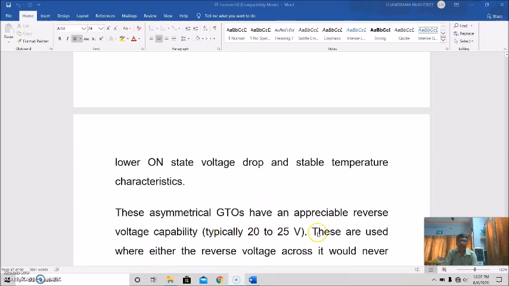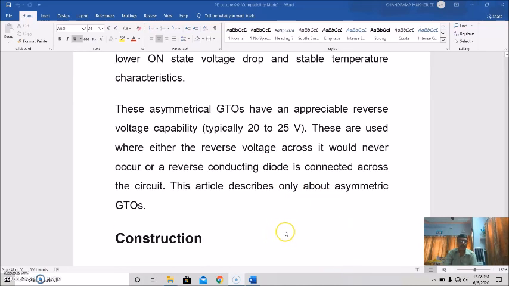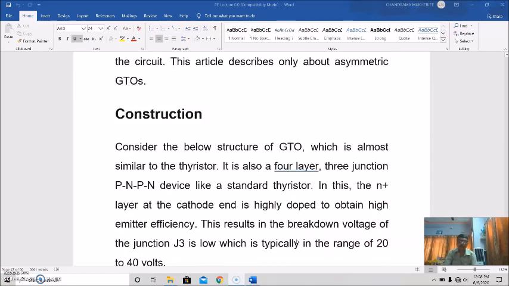These asymmetrical GTOs have a small reverse voltage capability, typically 20 to 25 volt, and are used either where reverse voltage across them would never occur, or where a reverse conducting diode is connected across the device. Our lecture will be limited to asymmetric GTOs.